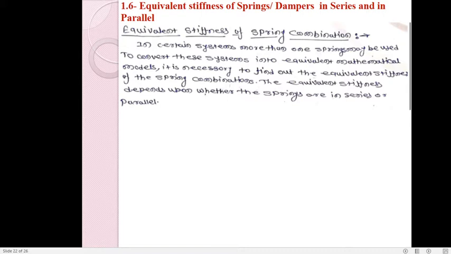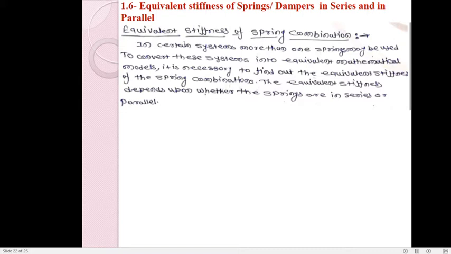To generate the mathematical model of our vibratory system, which we have to solve, it is necessary to convert those number of springs into one spring, which will give us the equivalent stiffness of all the present springs or dampers.